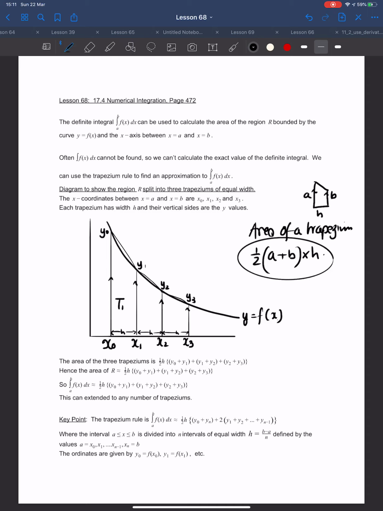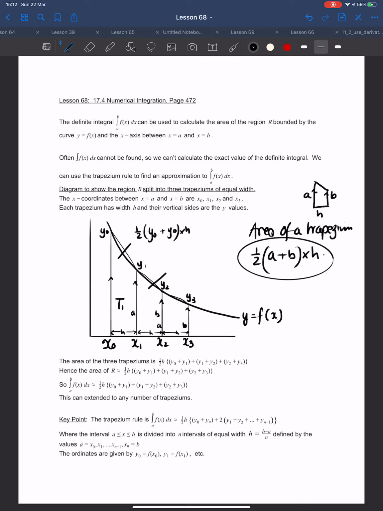It's a half y0, that will be the A and that will be the B. And for the next one, that's the A, that's the B. The area of the first one is a half of y0 plus y1 for the heights, times h.